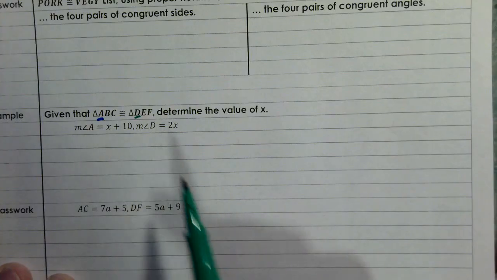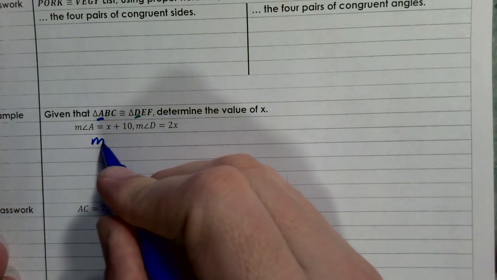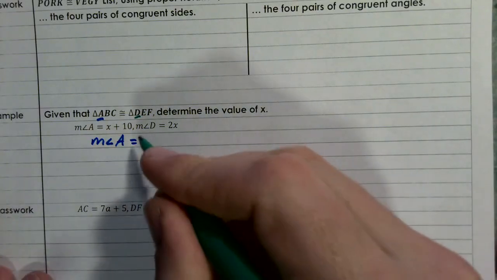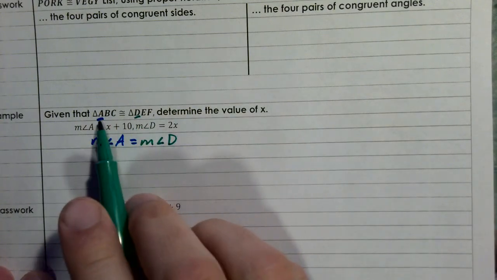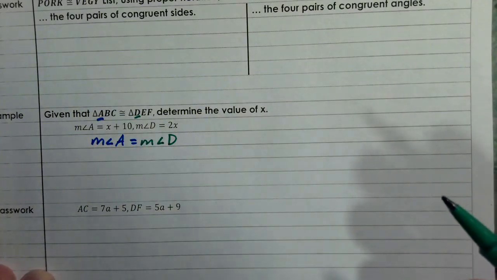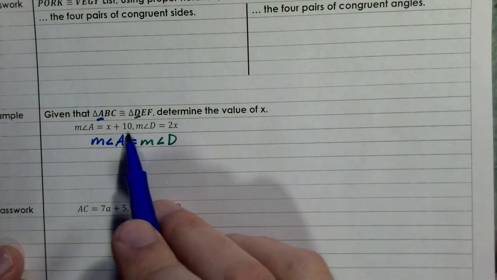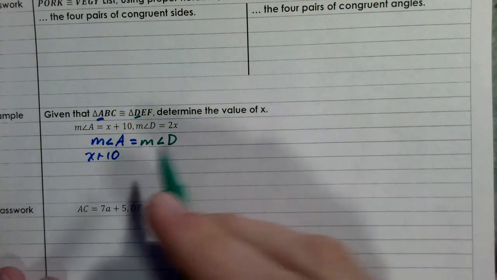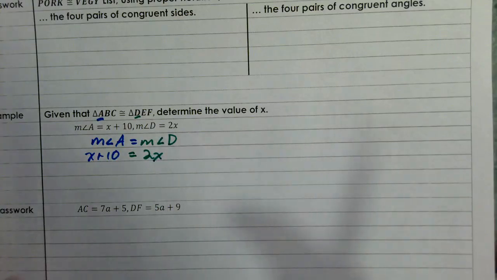So the first idea I want to write is that the measure of angle A has to be equal to the measure of angle D. Since they're in the same relative spot in this statement up here, those two angles have to be congruent. If the measure of angle A is x plus 10, and the measure of angle D is 2x, from right here, that gives us a little equation that we can solve.